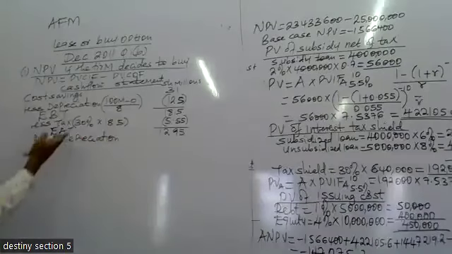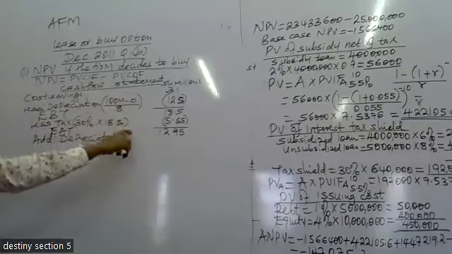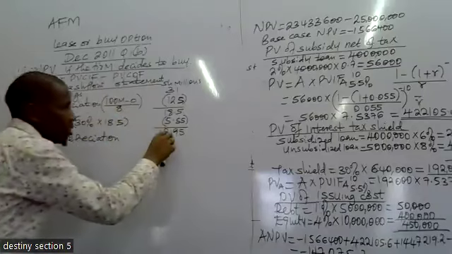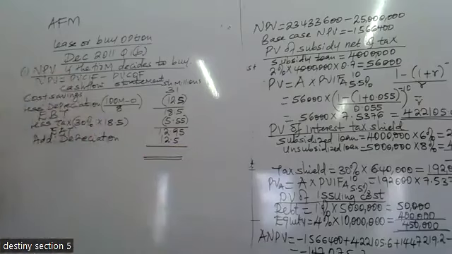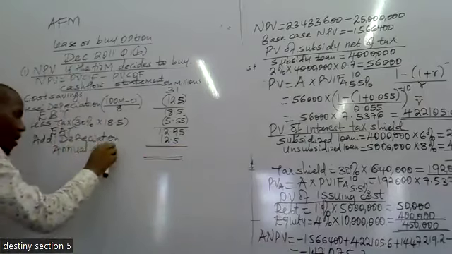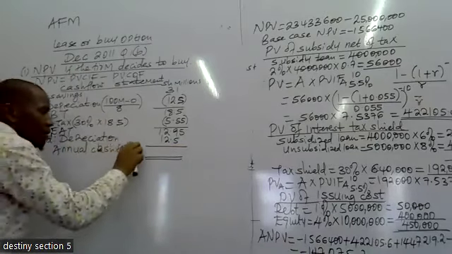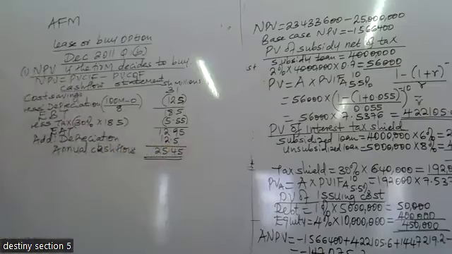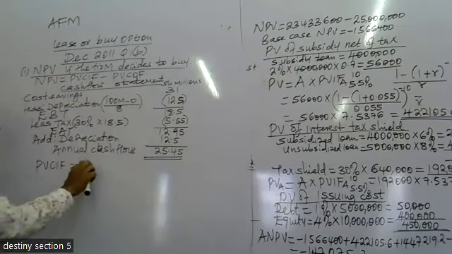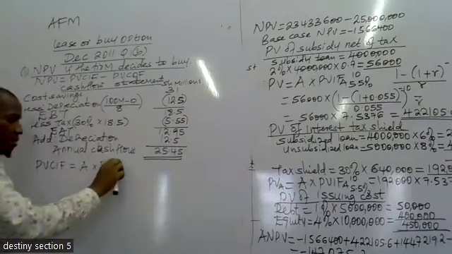Since it's a disallowable expense, we don't provide for taxation on it. So you add it back, which is 1.25, and in that case it gives you our annual cash flow of 22.075.